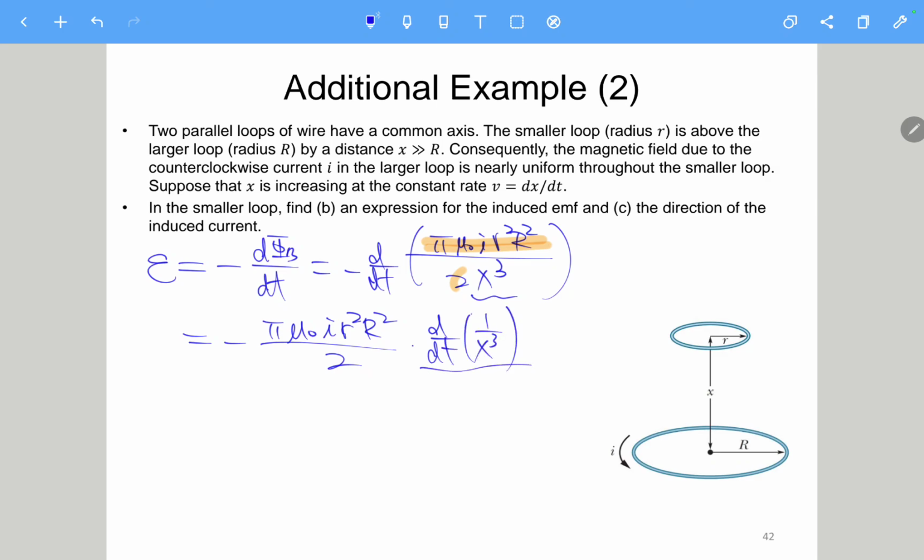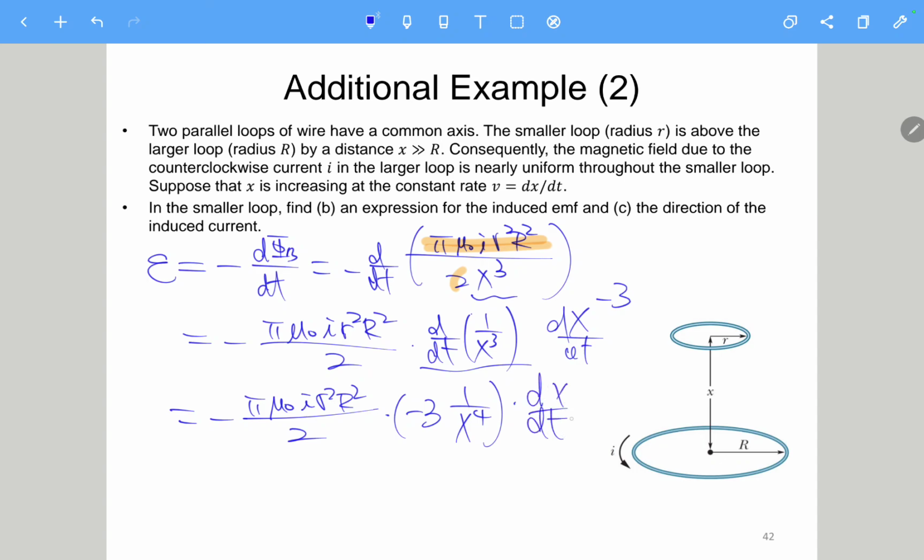So, calculus time. We have negative pi mu 0 I small r squared capital R squared over 2. Now 1 over x cubed is x to the negative 3, so when we take the derivative d dt, it is negative 3 times 1 over x to the 4th power. And don't forget the chain rule, so we also multiply by dx dt.